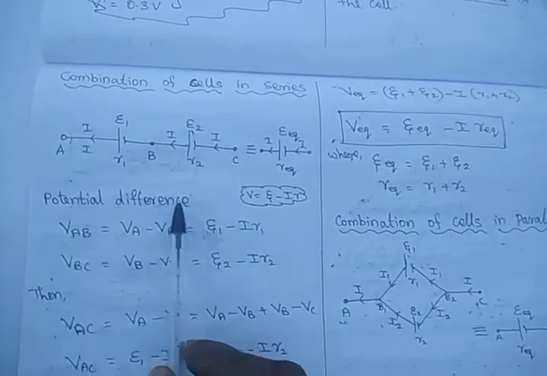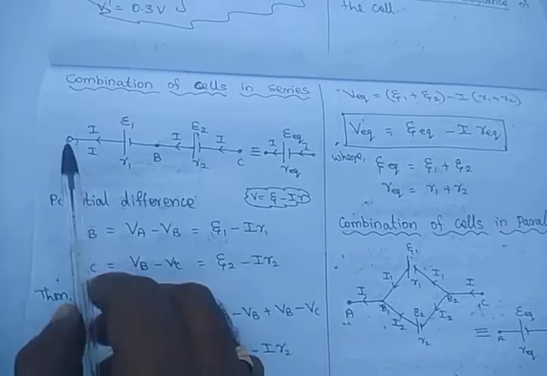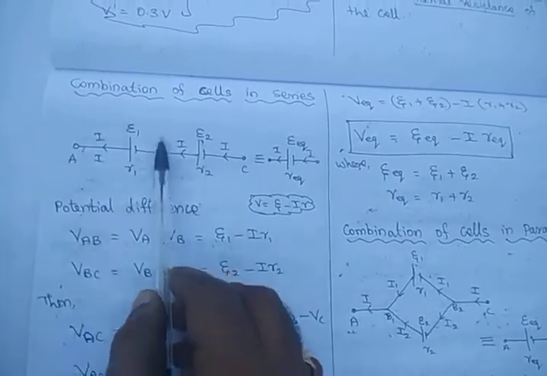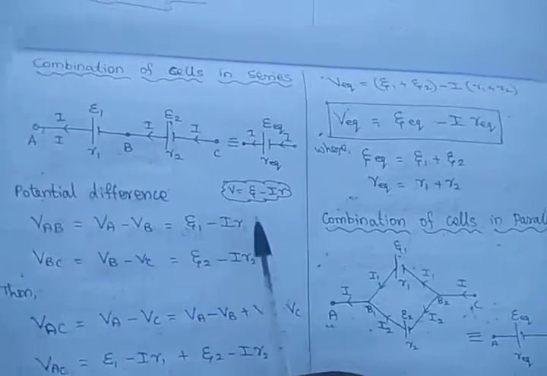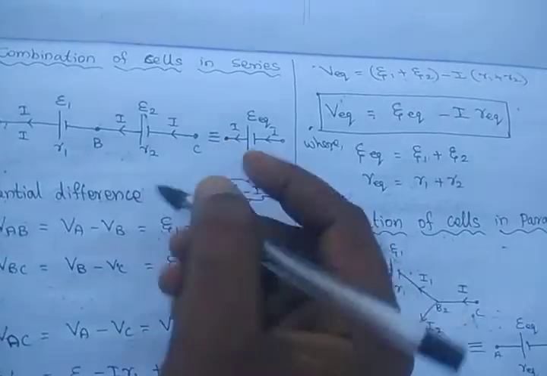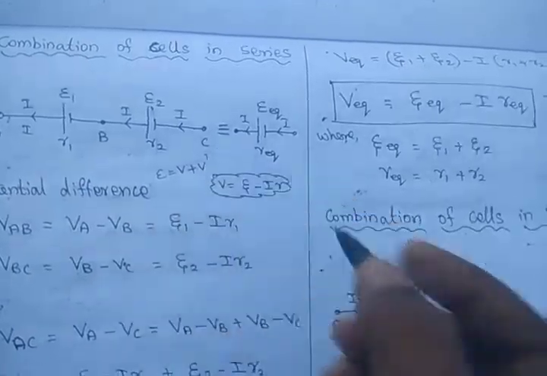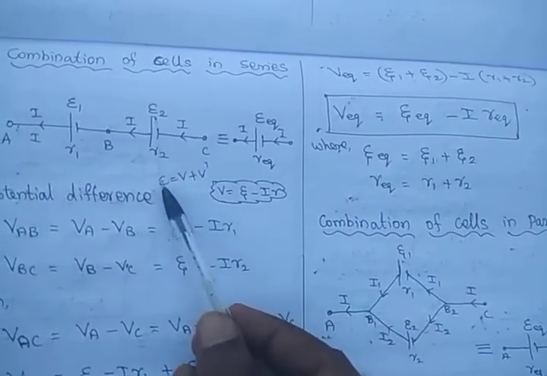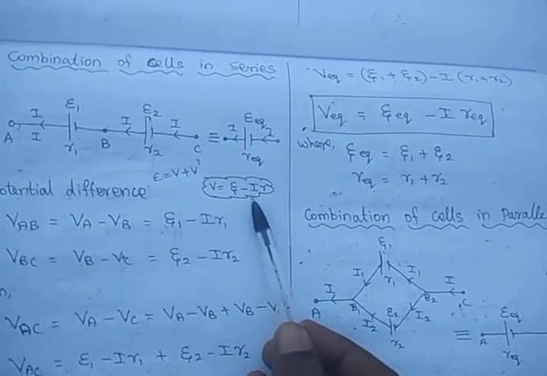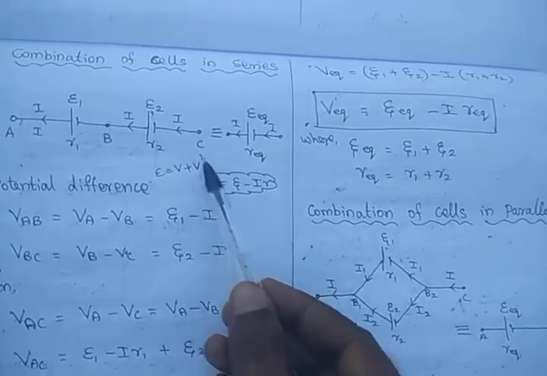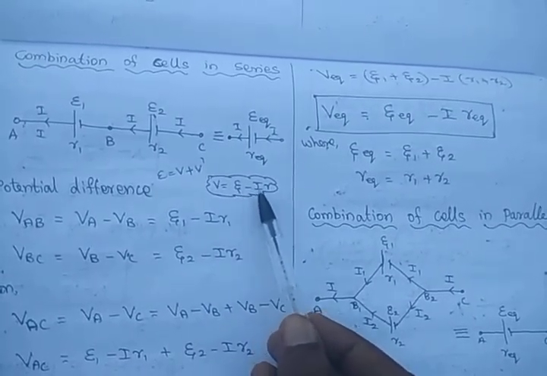So the potential difference VAB, that is VA minus VB, of the first cell. We already know that E is equal to V plus V prime. So I will bring this V prime to this side: E minus V prime, that is the internal voltage. What is the internal voltage? E minus IR.